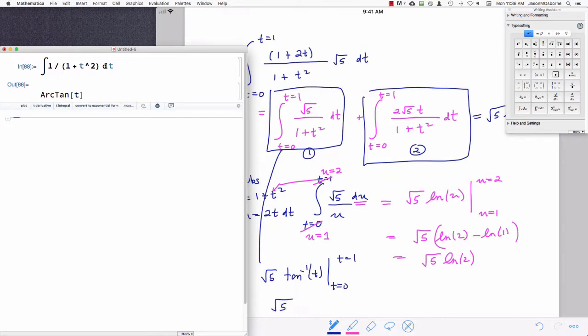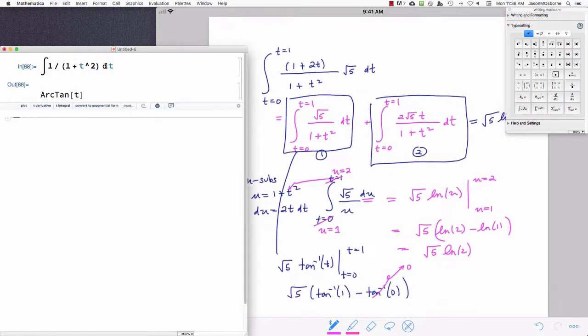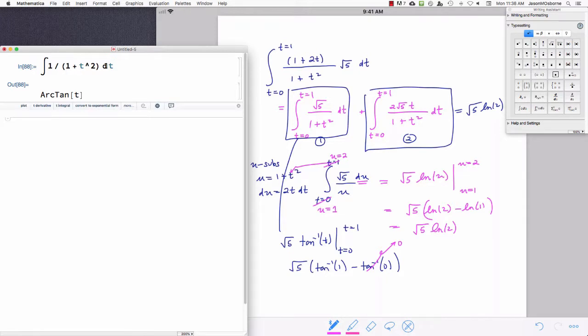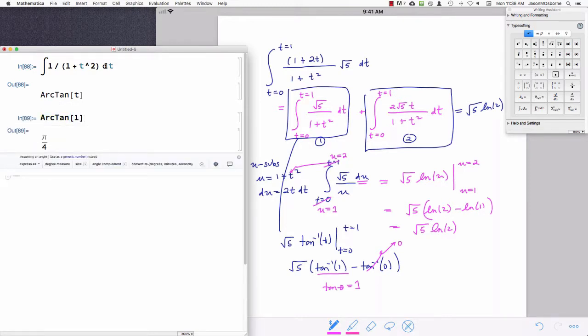So you'll get square root of 5 times inverse tangent of 1 minus inverse tangent of 0. Inverse tangent of 0 is 0. Inverse tangent of 1 is another way of saying tangent of what angle is equal to 1. And I think that should be pi over 4. You can ask for the arctangent of 1, and you get pi over 4.